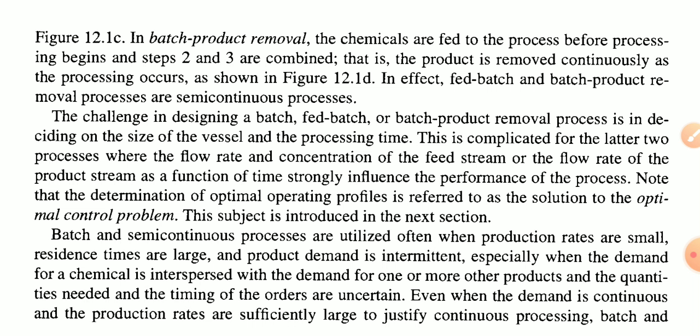Okay, so batch and semi-continuous processes are often utilized when production rates are small, residence time is large, and the product demand is intermittent, especially when the demand for a chemical is coupled with the demand for one or more other products, and the quantities needed and the timing of the orders are uncertain.